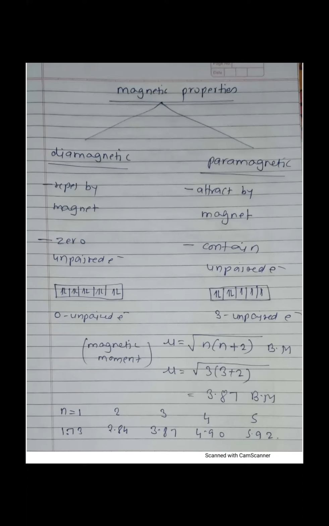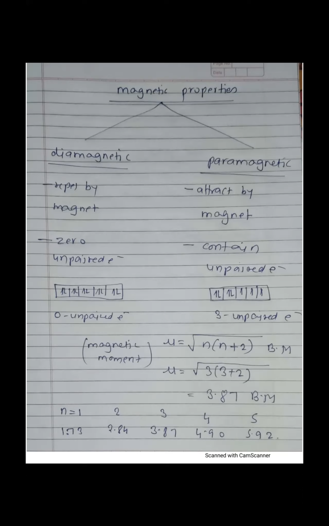For example, if I take zinc, you all know the electronic configuration of zinc is 3d10.